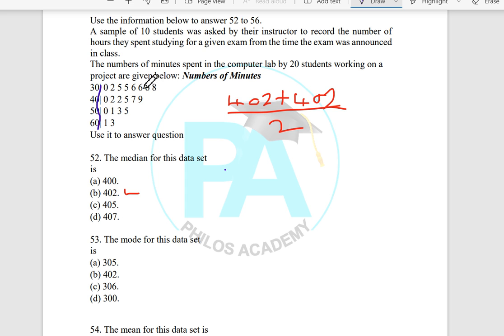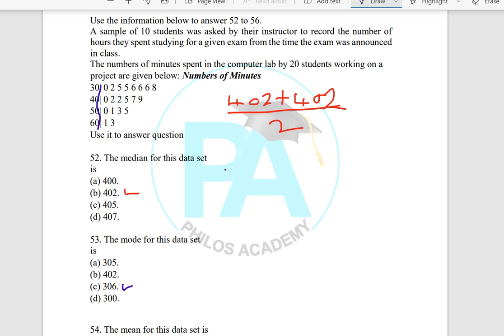We have 6 here 3 times, and nothing like that occurs anywhere else. So 306 is there 3 times. Others are not occurring as much as that. So the mode is 306.